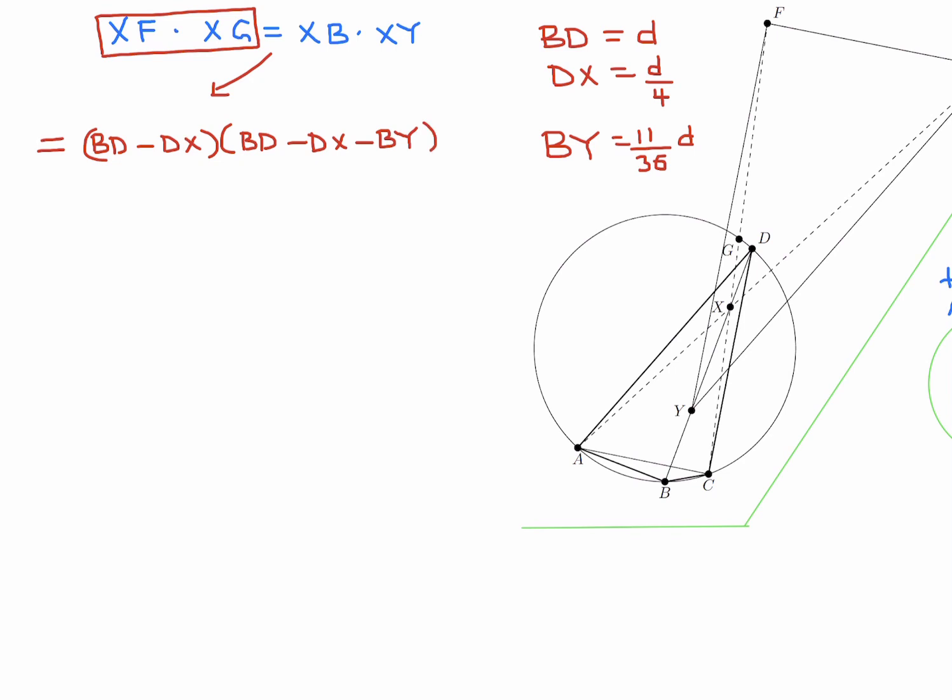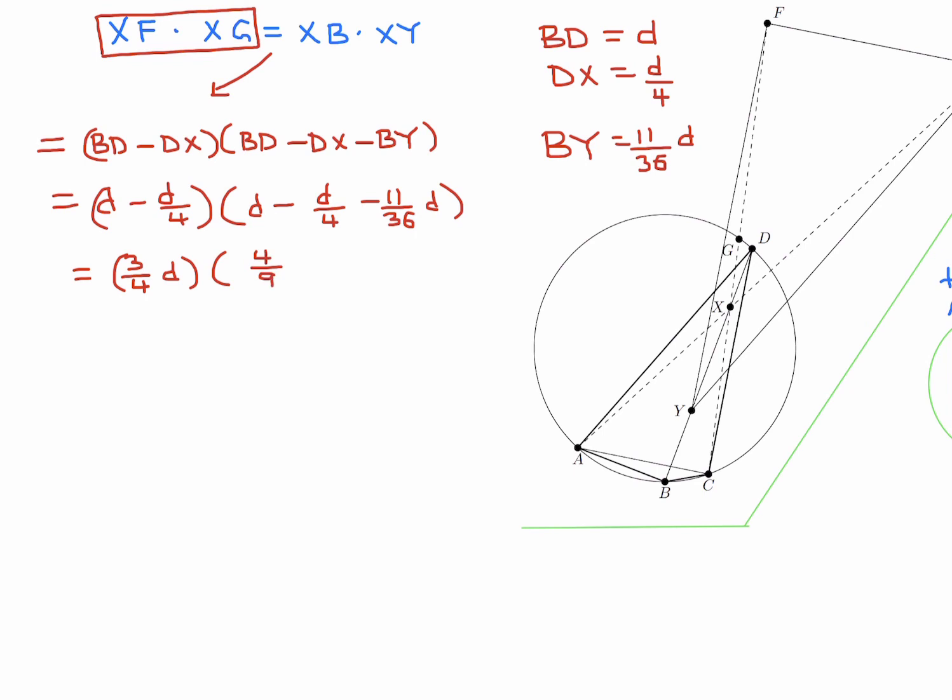Now I can use my variable. BD is d, DX is d over 4, and BY is 11 over 36 d. So this is 3/4 d, and this becomes 4 over 9 d when you do the math. So when it's all said and done, this is d squared over 3.